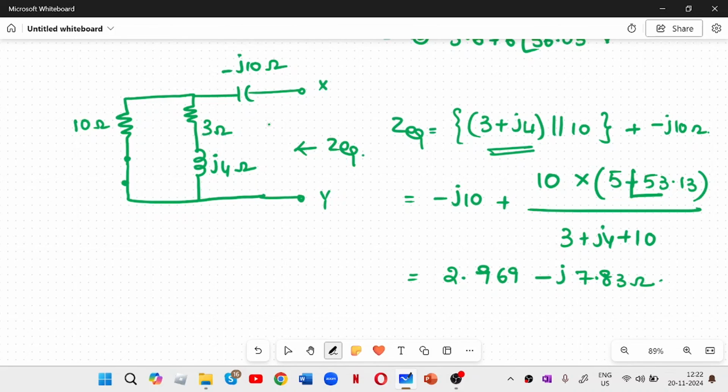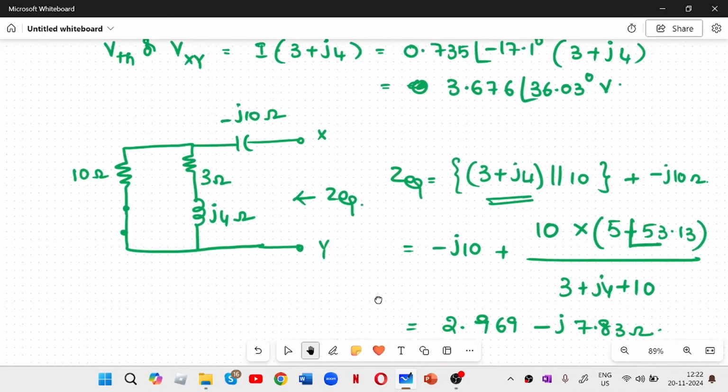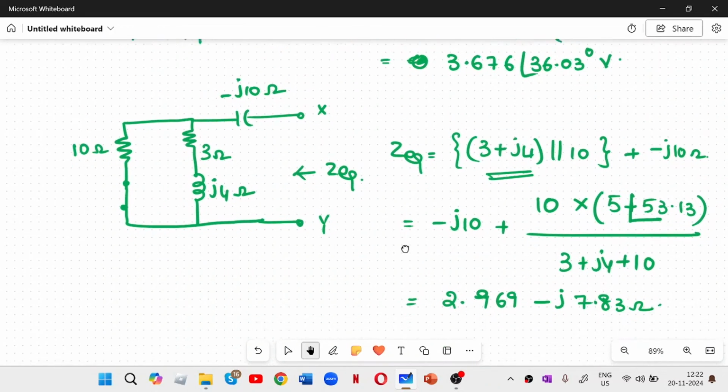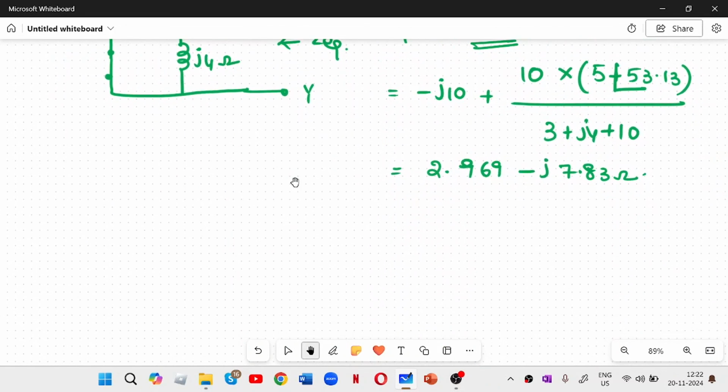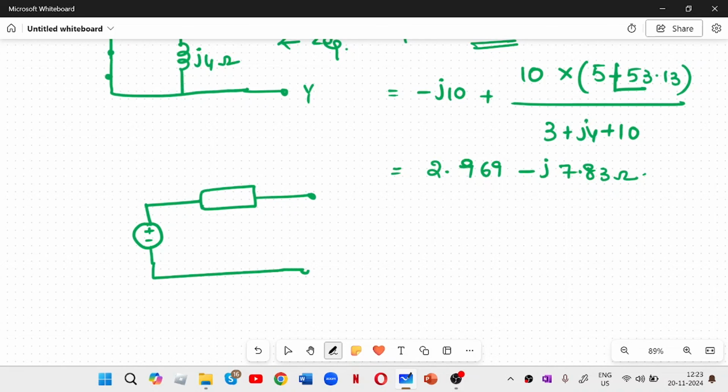Once you know the Z equivalent and we have calculated this V Thevenin also, right? So this is your V Thevenin and this is your Z Thevenin. Now we can draw the Thevenin's equivalent network across the terminals X and Y, and the circuit looks like this. So this is your Z equivalent, and if you are given with any load, you can draw here, right?